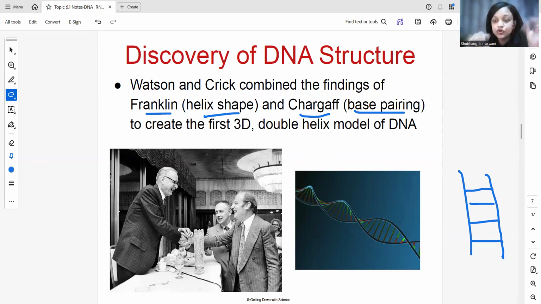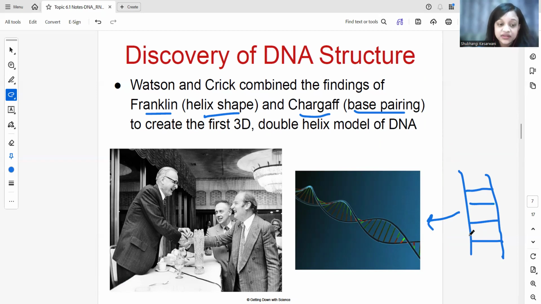You are just twisting it. So it will look exactly like this. The ladder is converted into the helix shape. So how does it look like? A spiral staircase, a twisted ladder. Just like a phone cord. In earlier days, we used to see the phone cord, right? So which one helps you imagine better?